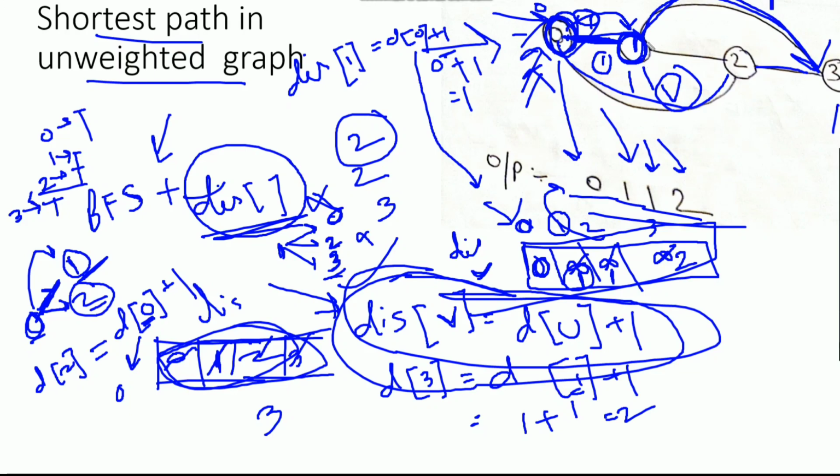So the distance to vertex 3 is always 1 plus the distance between the source vertex and vertex 1. That distance is already stored in the distance array, so we use that information and add it to the result. The distance between 0 and 1 is 1, so 1 plus 1 is 2.